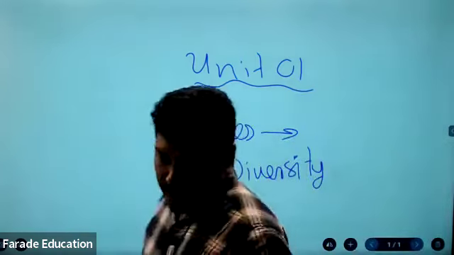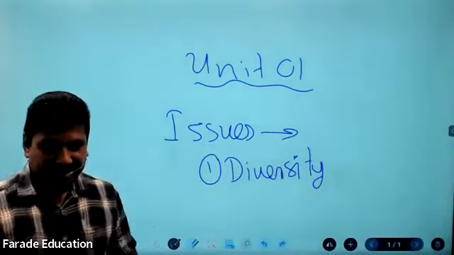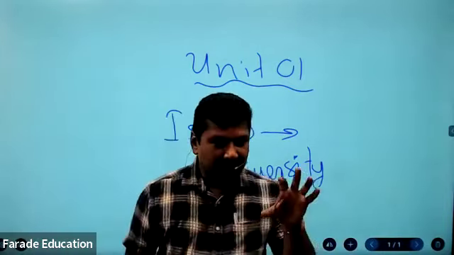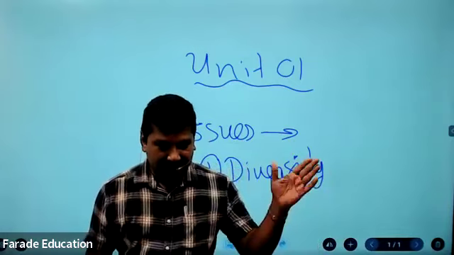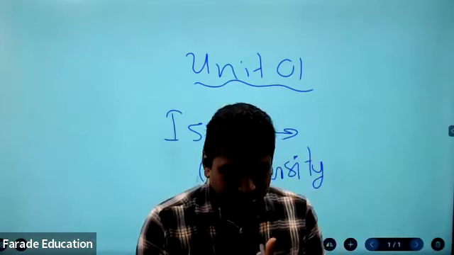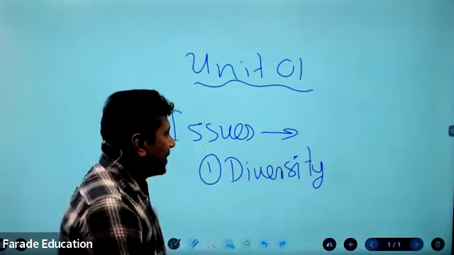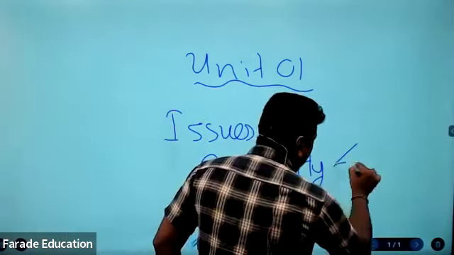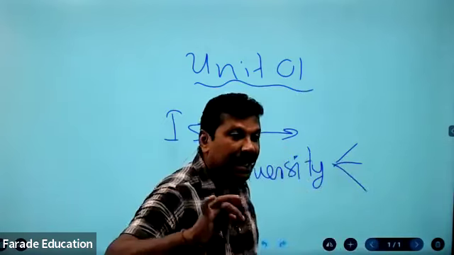You have the note. So we started discussing part of unit 1 last week, and we are in the middle of that. So you have three types of diversity: species, genetic, and ecosystem.